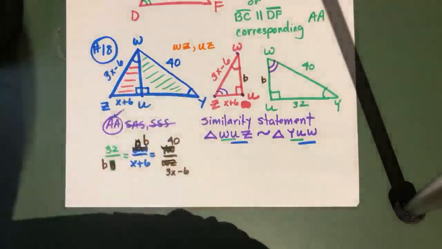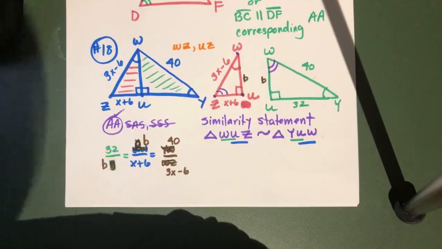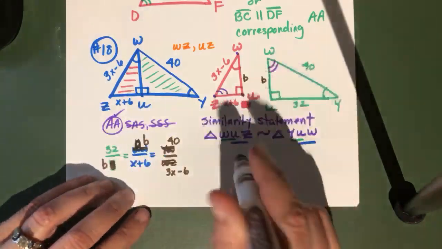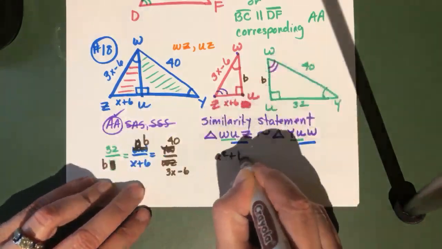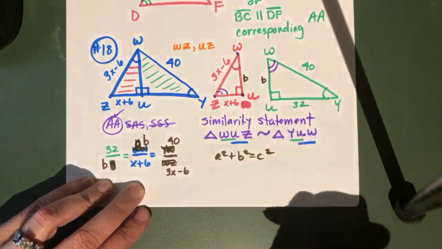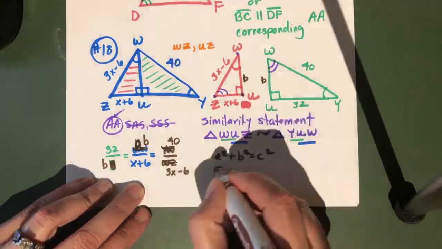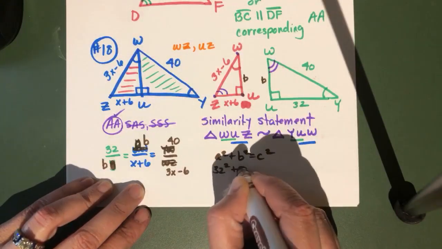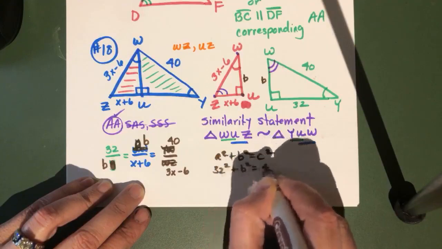So now I've got 2 that look alike, but I still have a problem because I have to do cross multiplication and I don't know what some of these represent. So I'm going to find B. I'm going to use the Pythagorean Theorem. So a squared plus b squared equals c squared. A is 32. 32 squared plus b squared equals 40 squared.